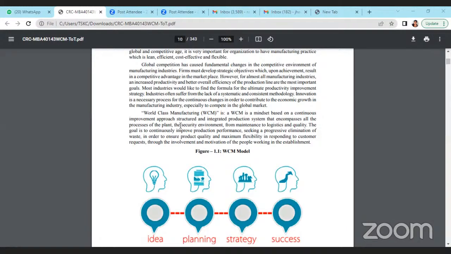But not all manufacturing industries are able to increase their productivity or provide better overall production efficiency. In order to have that, they must follow world-class manufacturing.